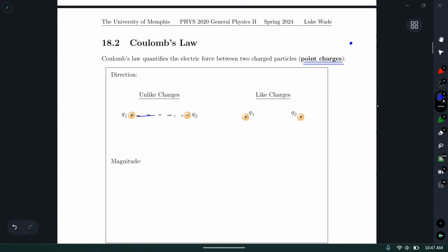So the proton will be attracted towards the electron. The electron will also be attracted towards the proton. Call that negative F. How do those forces compare to each other? The force the proton feels versus the force the electron feels. Equal and opposite. Why?